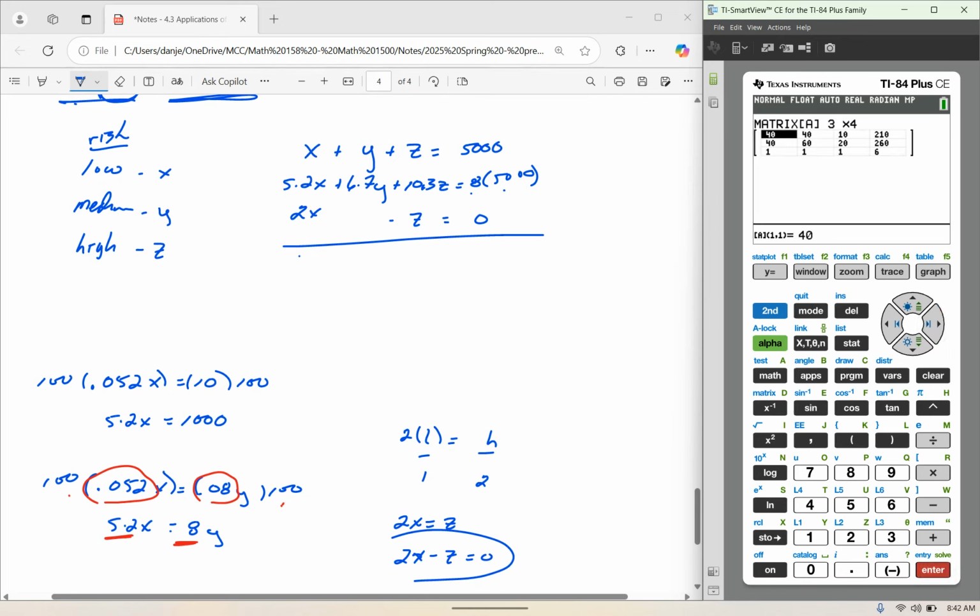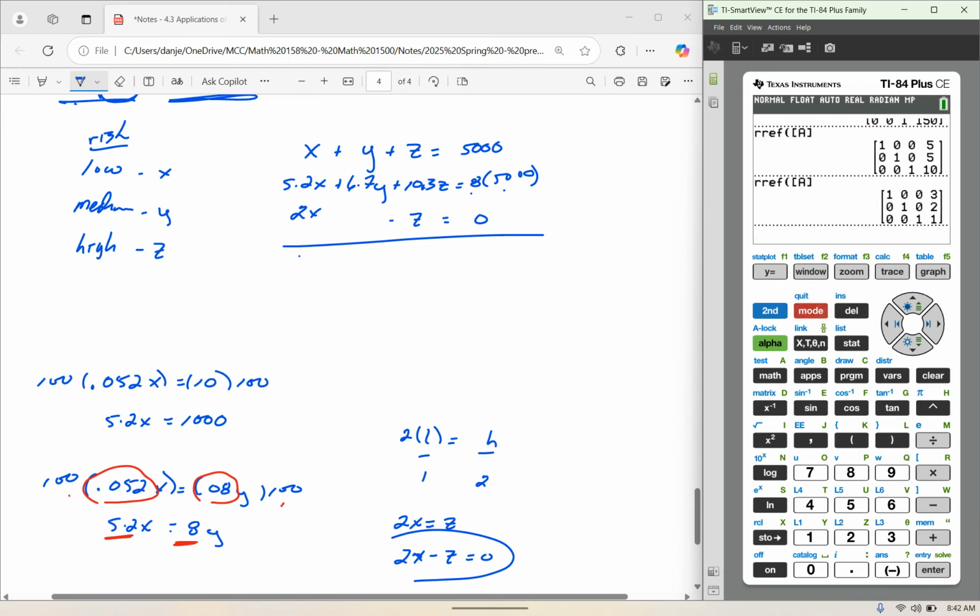Still have a 3x4 for all 4 of these examples. 1x plus 1y plus 1z is a total of $5,000. 5.2x, 6.7y, 10.3z, and 8 times 5,000. And then we have 2x plus 0y minus 1z equals 0.